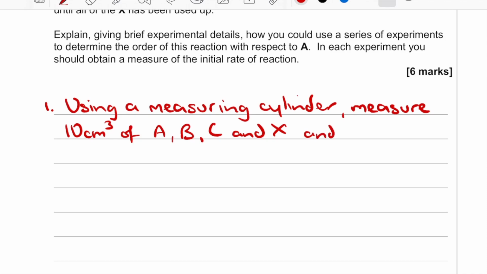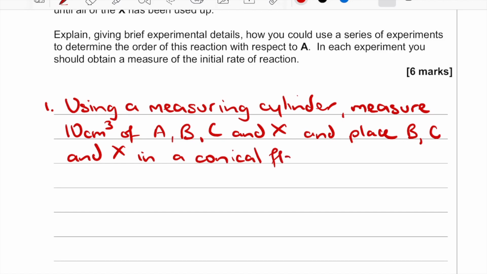And what we'll do is we'll place B, C, and X in a conical flask. So we're assuming at the moment that A affects the rate of reaction, or at least is certainly part of the reaction. So we'll just keep that separate for the moment. Trying to add all 4 and start the clock at the same time is not going to happen.